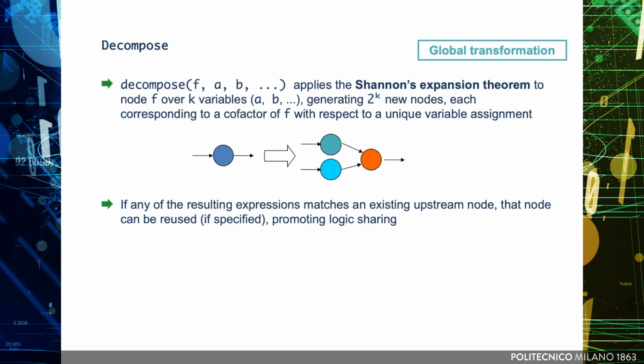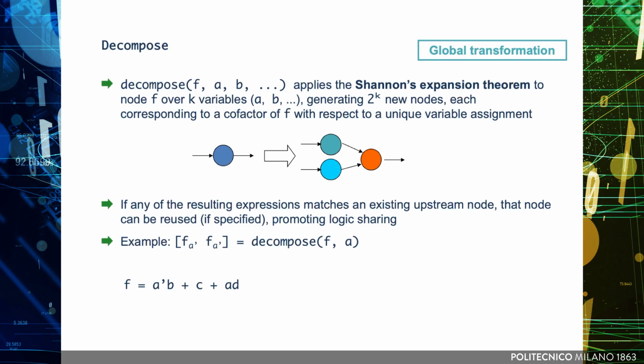However, the advantage is that it produces 2 to the power of k simpler nodes, each involving k fewer variables than the original node. These simplified nodes can potentially be reused or substituted in future optimization steps. If any of the newly created nodes already exist upstream in the graph, we simply reuse them instead of creating duplicates. Let's look at an example.